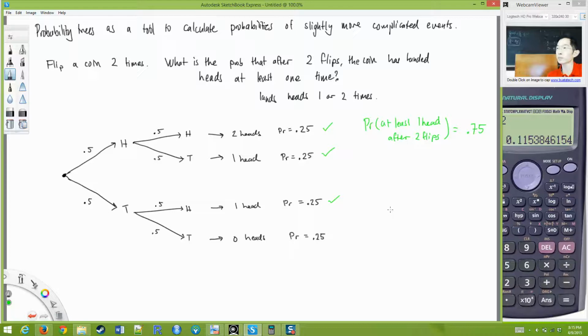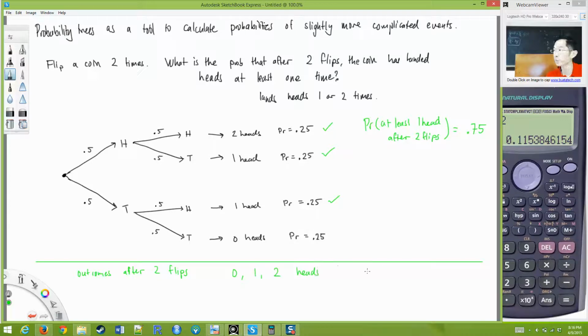Is that okay? Another way to have approached this, okay, is we could have said, what are the possible outcomes after 2 flips? I can either see 0, 1, or 2 heads, right? The at least one means I need 1 or 2 heads.